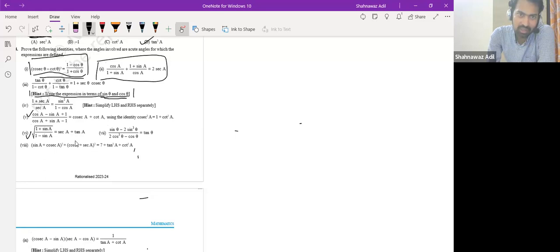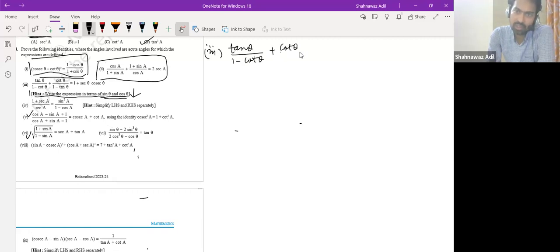This is 1 minus cot theta plus cot theta, then 1 minus tan theta, and this is 1 plus sec theta and cosec theta. So the LHS can be simplified.